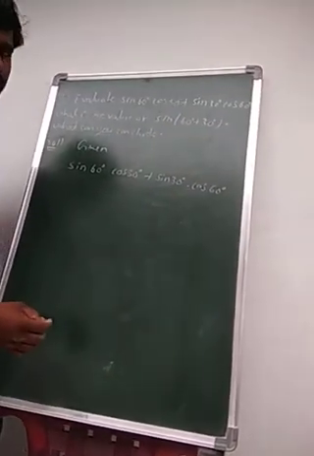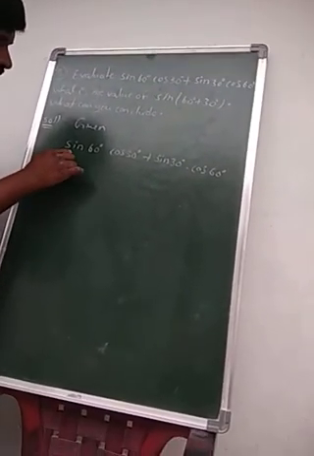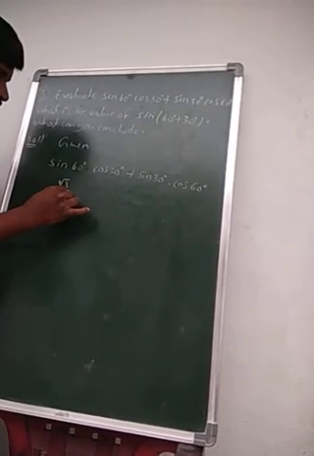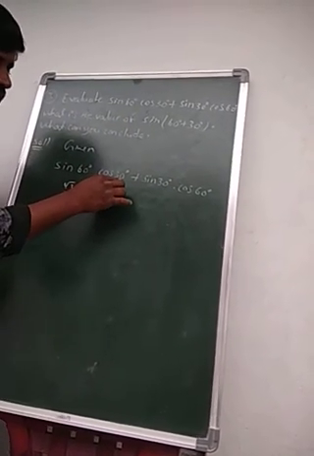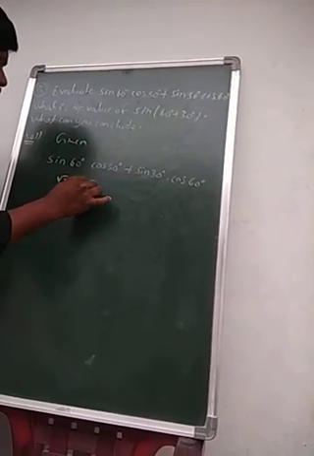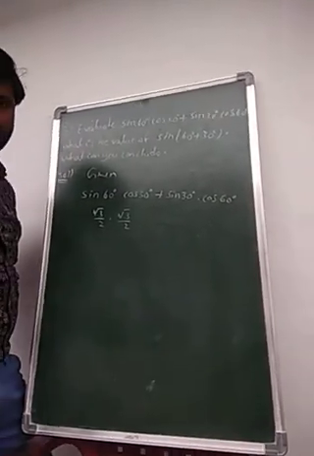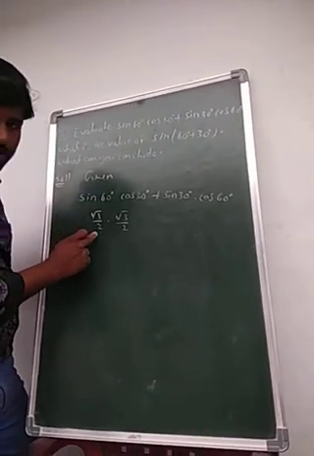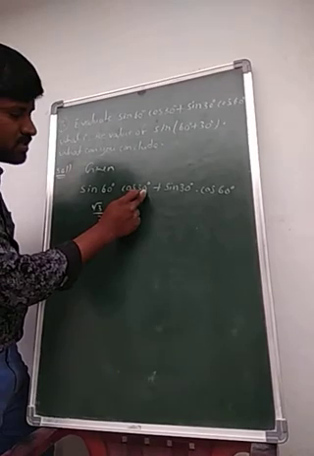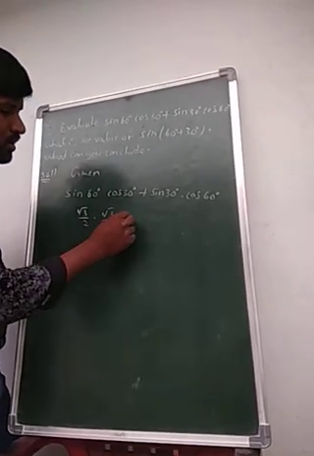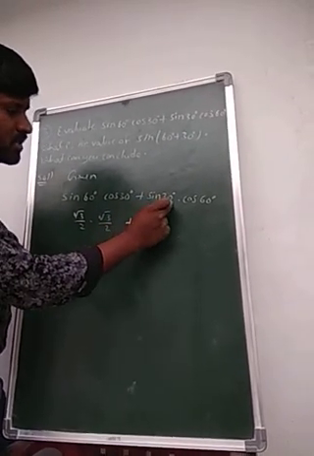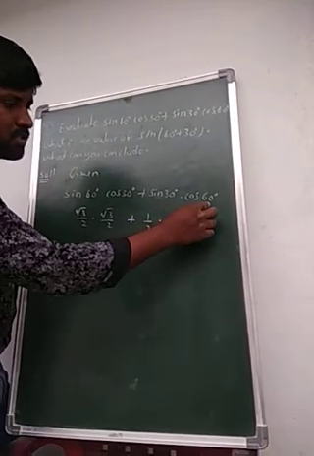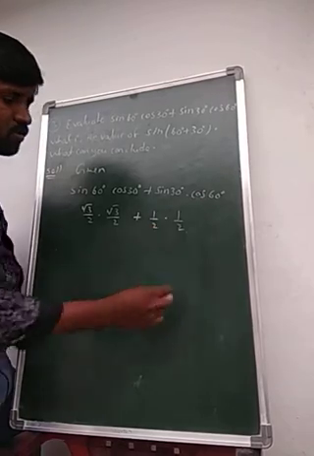cos 60 degrees. Okay, we know sin 60 degrees means what now? That is root 3 by 2, into cos 30 degrees, that is also root 3 by 2, plus sin 30 degrees means 1 by 2, into cos 60 degrees, that is also 1 by 2.